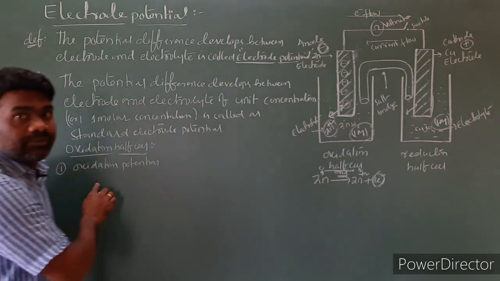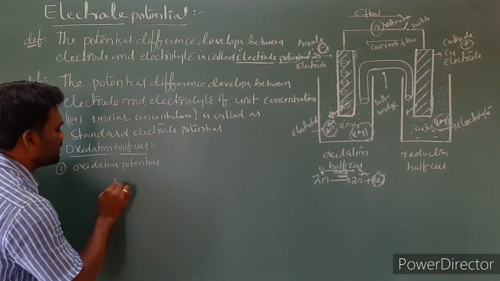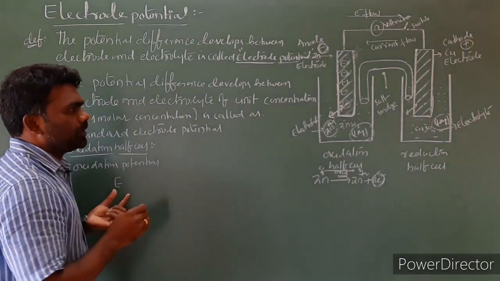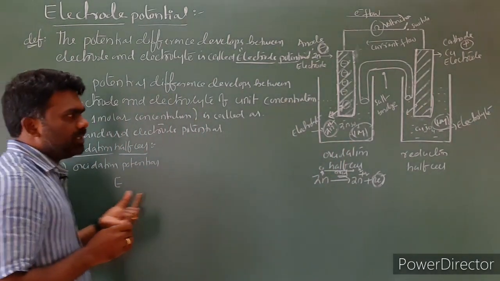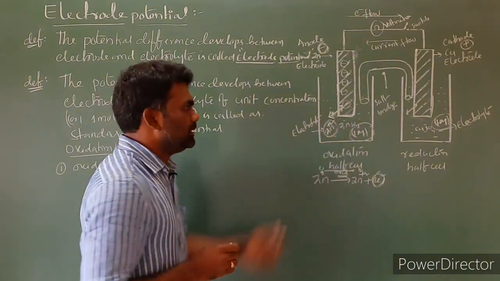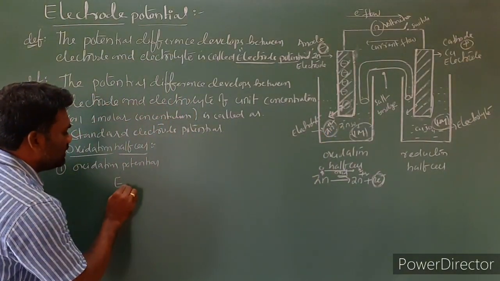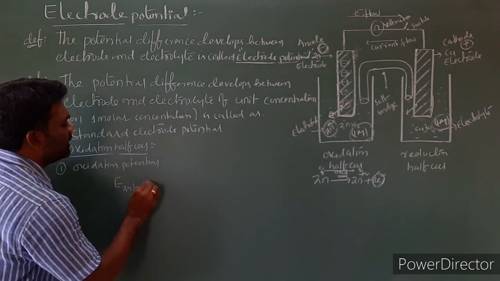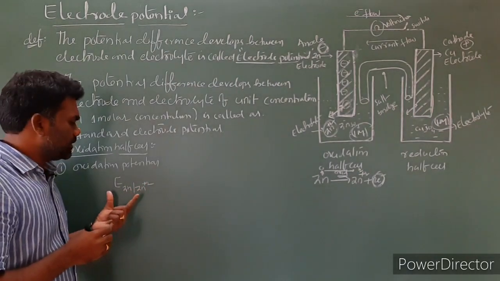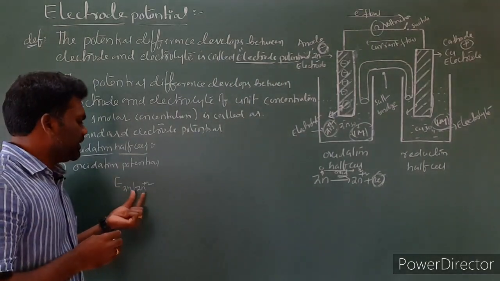This oxidation potential we can represent for a half cell. E represents the electrode potential of this half cell. Here zinc is converting into Zn plus 2, so the oxidation potential can be shown as E Zn by Zn plus 2.